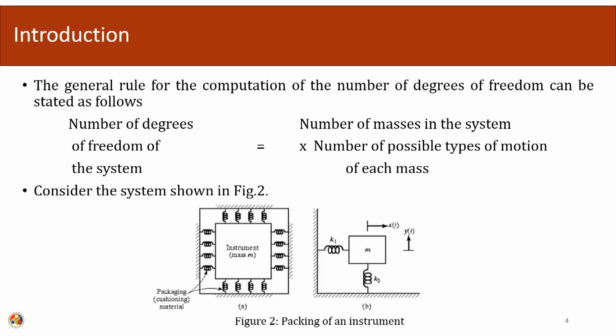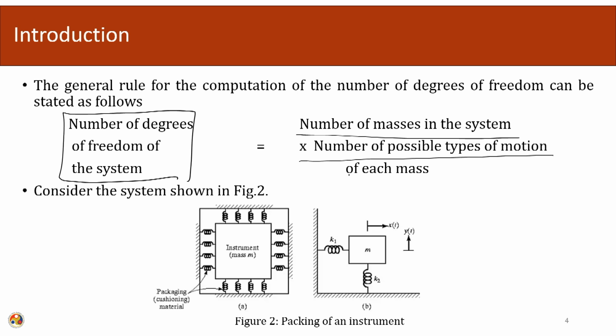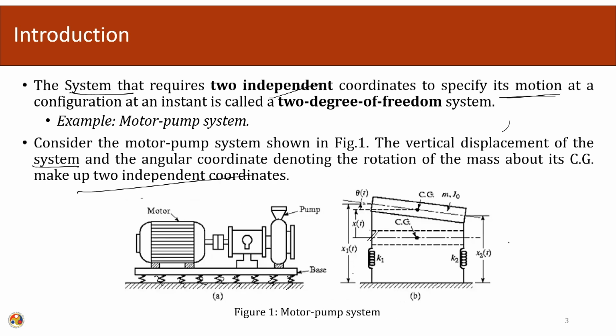The general thumb rule for the computation of the number of degrees of freedom can be stated as follows. The number of degrees of freedom of a system is the number of masses in the system times the number of possible types of motion of each mass. If we go back and look into the system, the entire mass can be concentrated here.